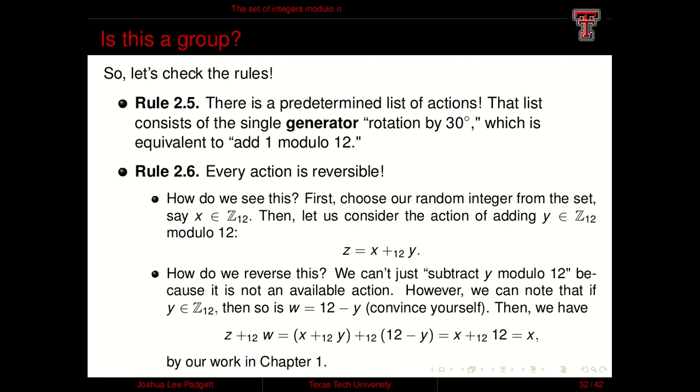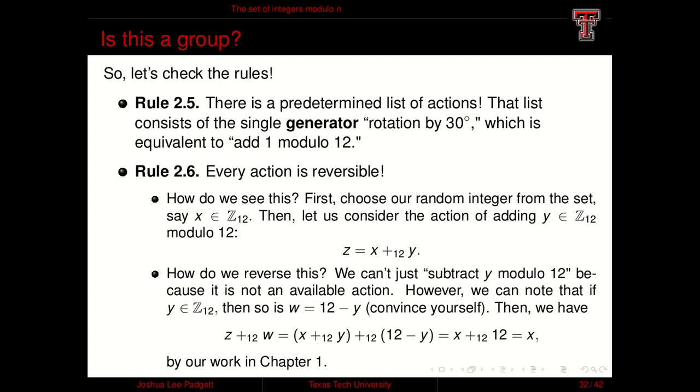So, if I want to consider the action of adding the number y in Z12 to the number x modulo 12, then I get a number z that's equivalent to this. If I want to reverse this, of course we could subtract y, but we don't have that option. So what are we going to do? Well, I'm going to note something funny: if y is in here, then so is 12 minus y. You should convince yourself of this.